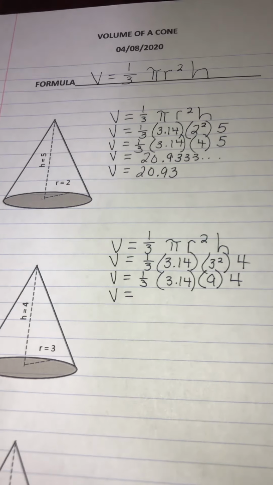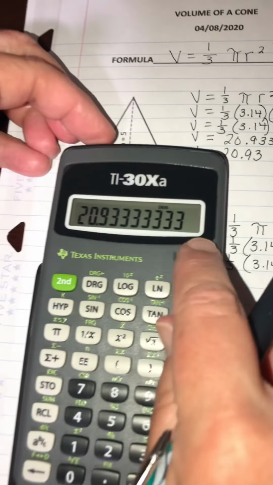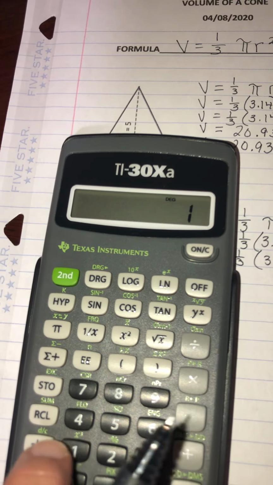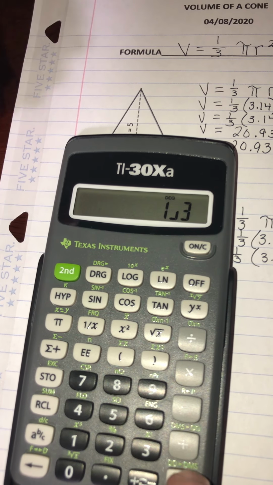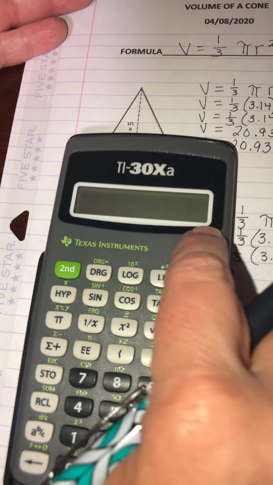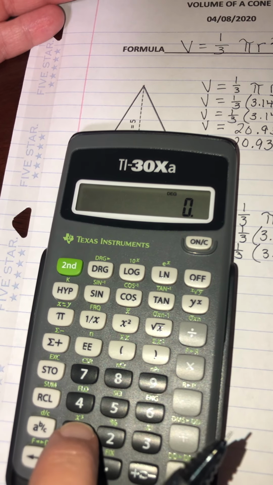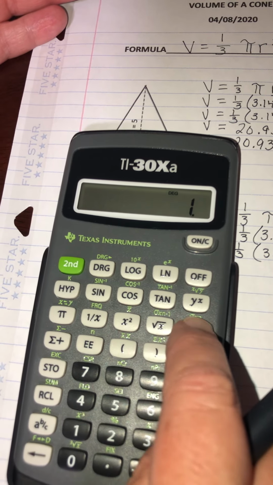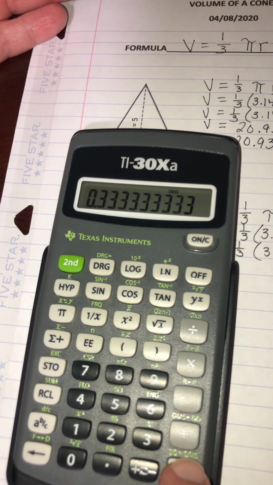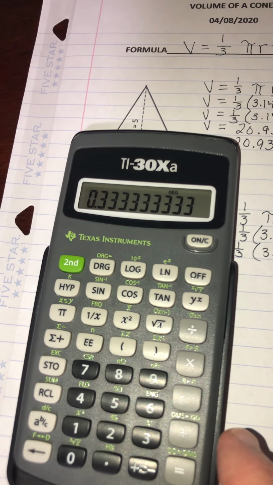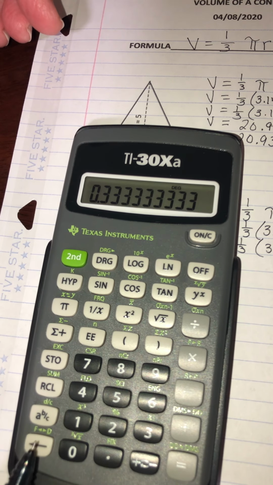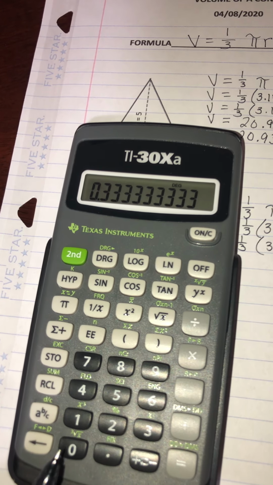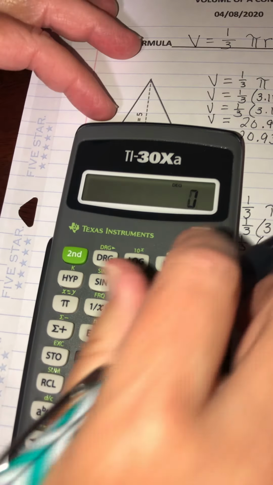Again, I'm just going to put the calculator right over here in front of it. So when I hit 1 ABC 3, that is 1/3. Now, if you don't have a TI-30X calculator, you would do 1 divided by 3 equals. That'll give you your starting point if you don't have a calculator with a fraction bar. Then you would multiply on through.